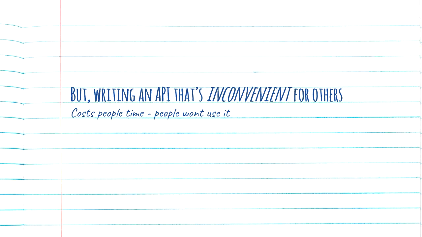It costs people time, they have to write more tests, they have to become experts in your code when really they should just be experts in their field. So we want people to use our code, that's why we write it. And the best way to do that is to come up with a really nice Pythonic API that fits naturally in with other Pythonic libraries.